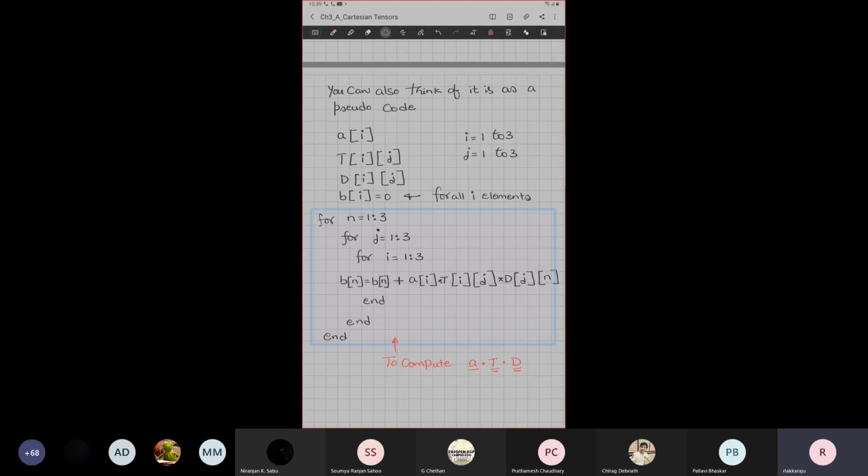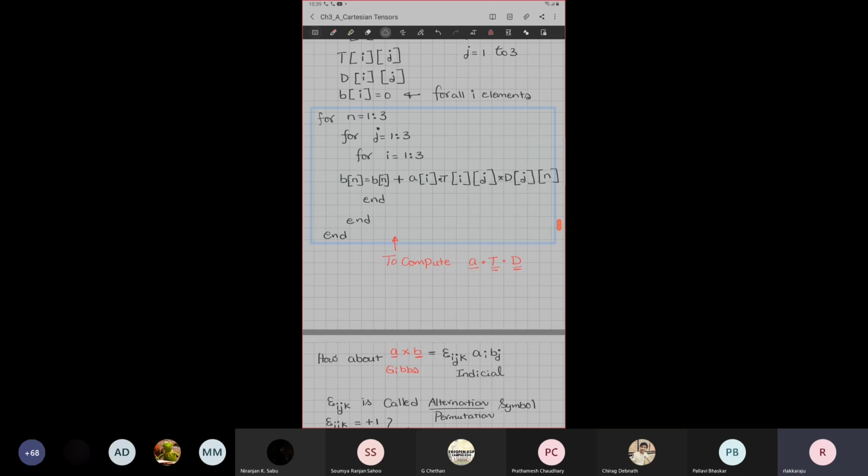For example, like the cross product, you might remember how to calculate it: I, J, K, you cross multiply and so on. That kind of definition we cannot teach to a computer. This is the only way we can teach it to computers, and that is the reason this indicial notation becomes so popular at a later stage. You understand what I'm trying to say?